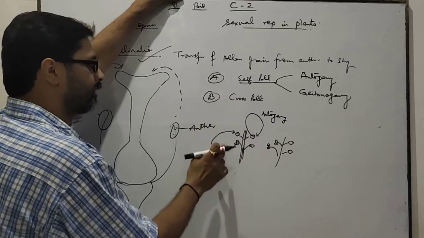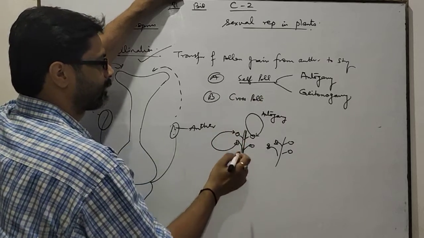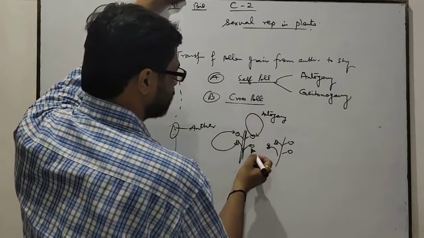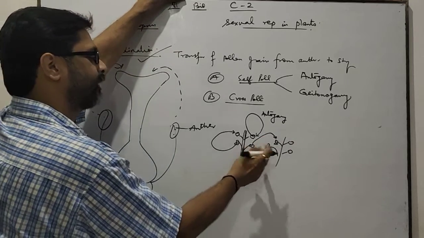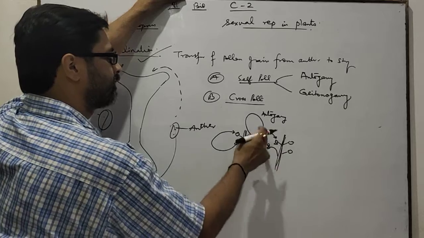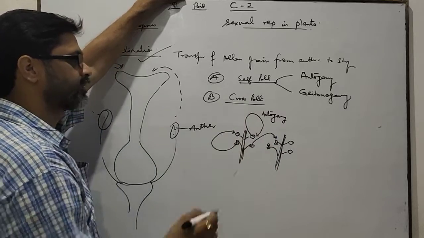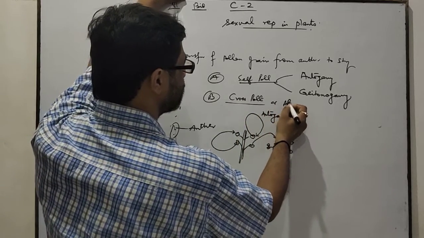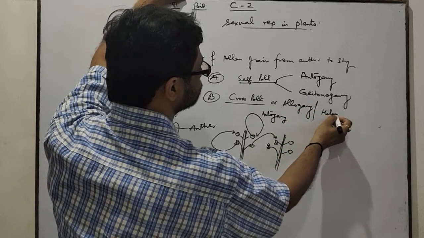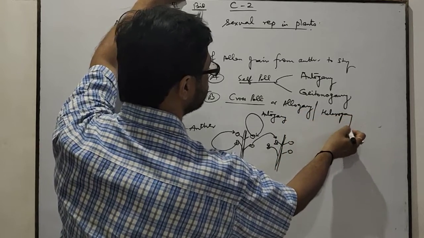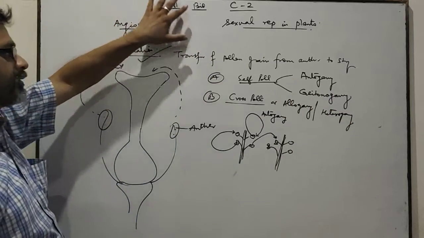Plant is same, then it is called geitonogamy. Cross-pollination, if transfer of pollen grain takes place from one plant to another plant, this is called cross-pollination. It is also known as allogamy, or you can say xenogamy. This is about pollination.